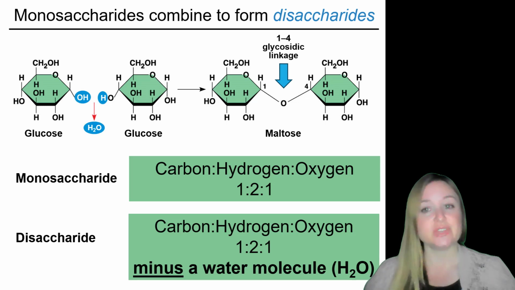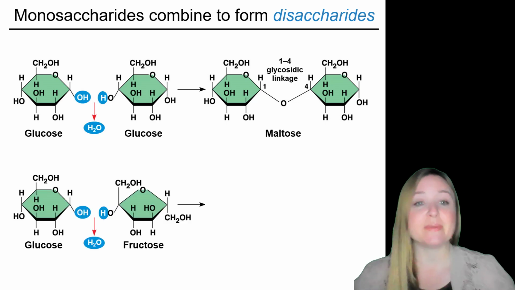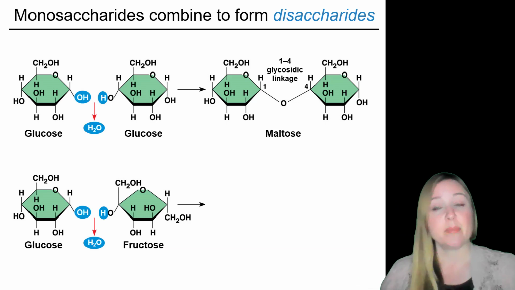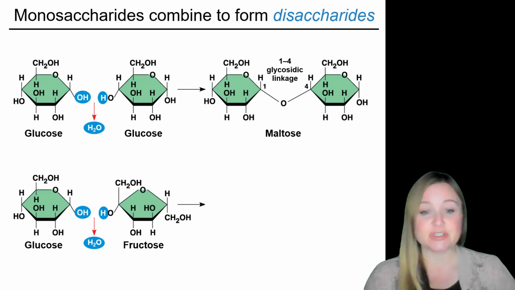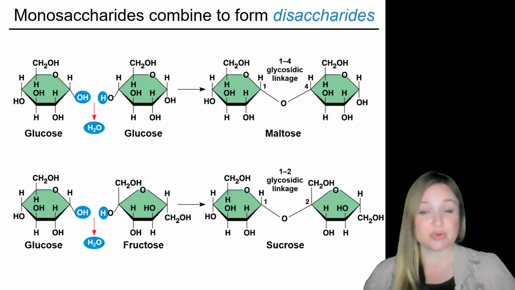But remember, both of these are sugars, both of them are sweet, and they have carbon, hydrogen, and oxygen within them. Here's another example, okay? If we have the monosaccharide glucose bond to the monosaccharide fructose, a dehydration reaction occurs, and we end up with the disaccharide sucrose.